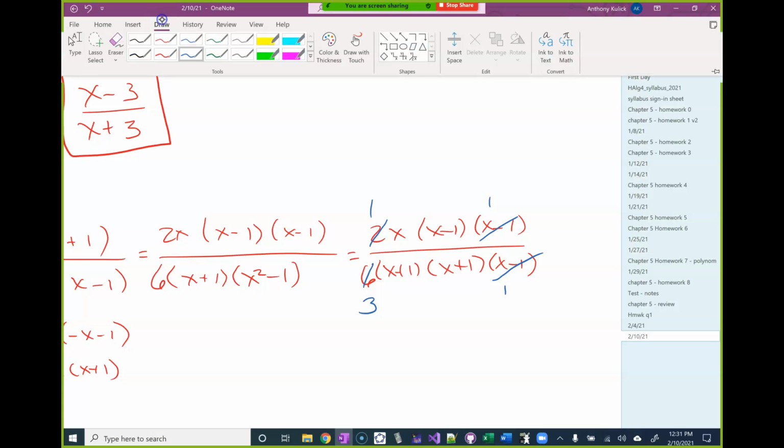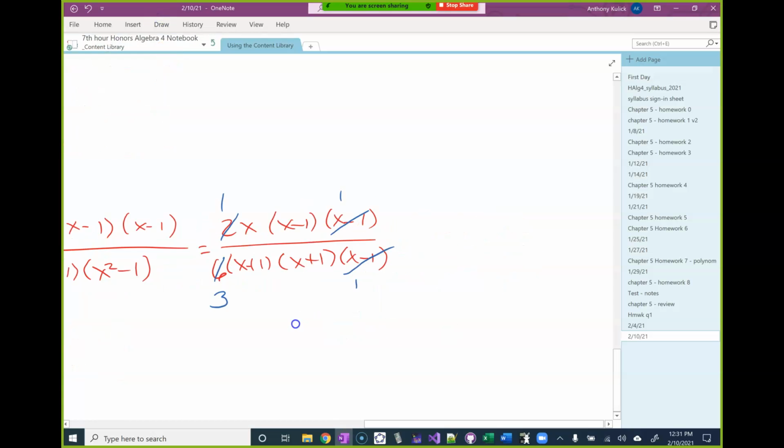Okay? Did a restriction occur here? Yes. Because you notice that all the x minus 1s are gone from the denominator. Did it matter that there's still an x minus 1 in the numerator? It does not. We don't care about the numerator at all when it comes to restrictions.